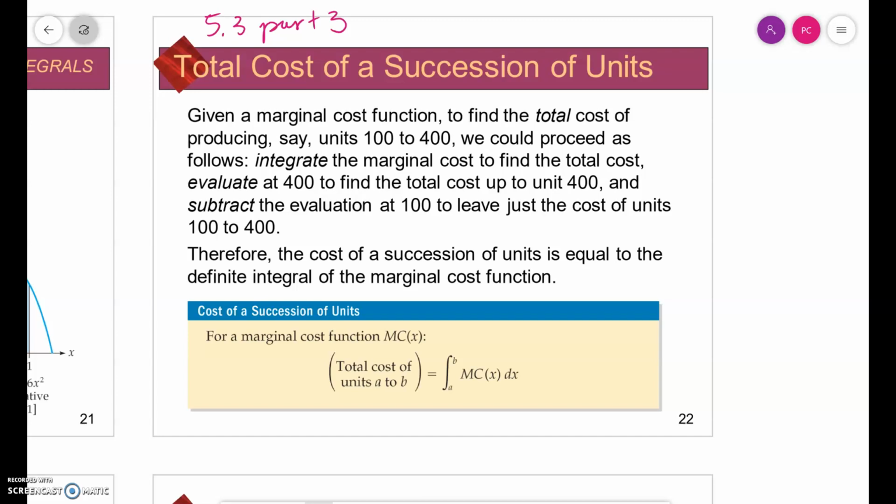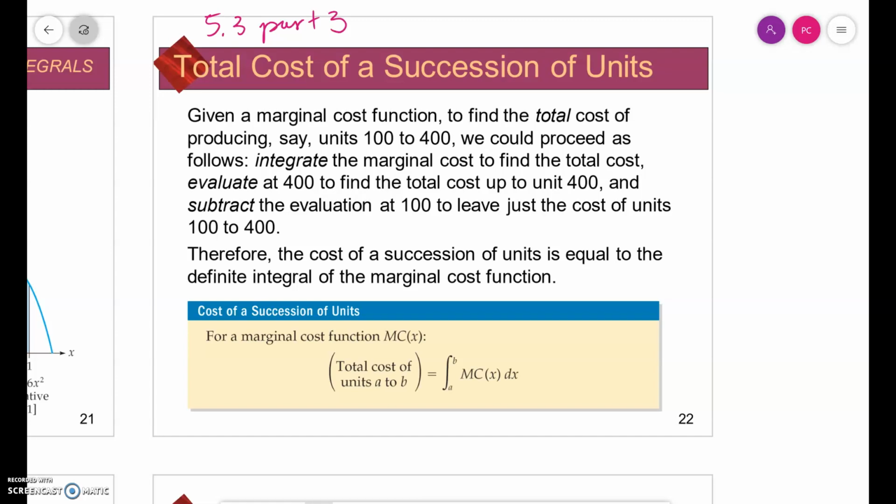All right, so this is section 5.3, part 3, and we're going to do some examples or some application problems in this part. So given a marginal cost function, to find the total cost of producing, say, units 100 to 400, we could proceed as follows. Integrate the marginal cost to find the total cost, evaluate at 400 to find the total cost up to unit 400, and then subtract the evaluation at 100 to leave just the cost of units 100 to 400.